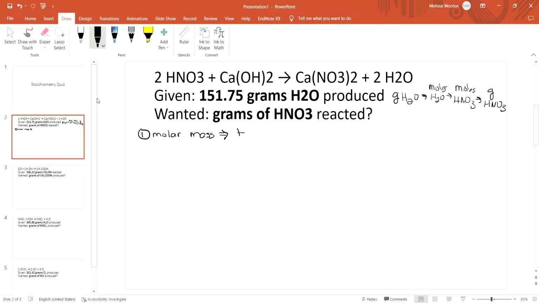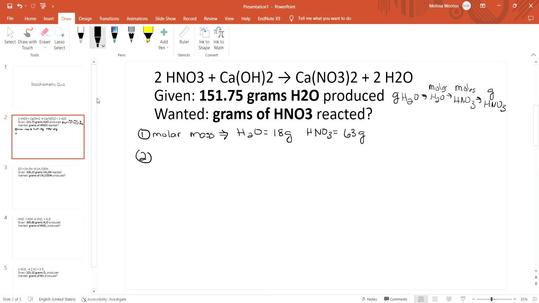And so the molar masses we're going to need is the molar mass of water, which I can go ahead and tell you is 18 because you have 16 pretty much plus 2. That's 18 grams. And then HNO3, you have 3 times your oxygen plus a nitrogen plus a hydrogen, and you should get about 63 grams. If you get something a little bit more, a little bit less, and by a little bit I mean like only 1 or so off, like if you got 62 point something, 63 point something, that's fine.